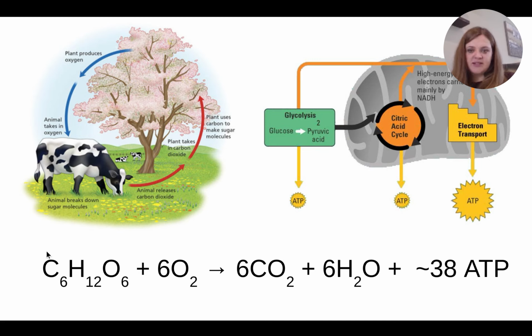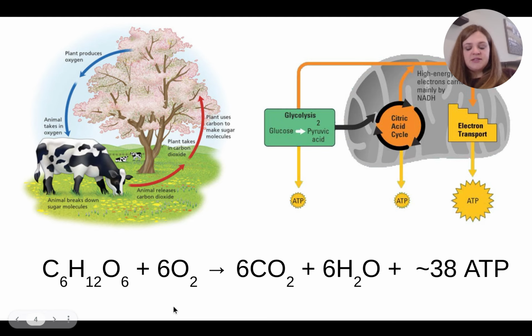Our body just does that conversion on its own. So if we need to have fat, it'll convert it into these sugars in order to be used in the mitochondria. So here's our sugar plus our oxygen, and then that creates carbon dioxide and water, and approximately, because this varies a little bit depending on where in the body we're at, about 38 ATP.